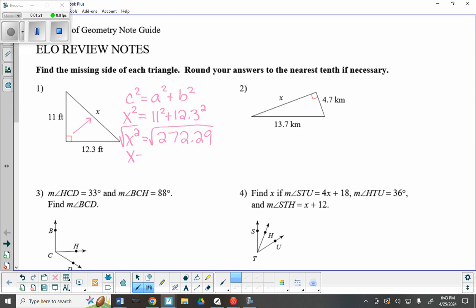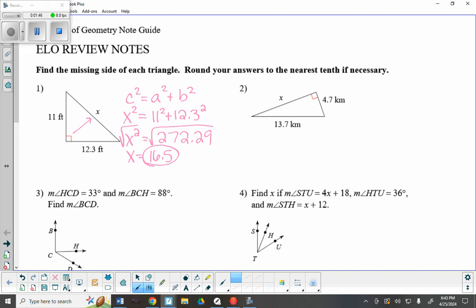So x is equal to the square root of 272.29, which is 16.5. So that's my answer. Remember, the hypotenuse is always the longest side of the triangle, so you can make sure your answer is longer than the other two sides, and then that would be feet.